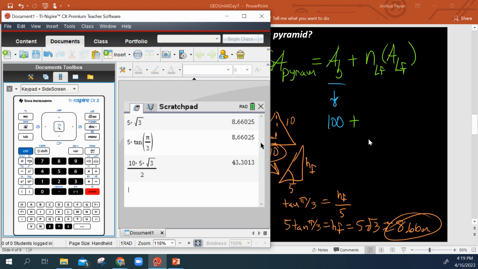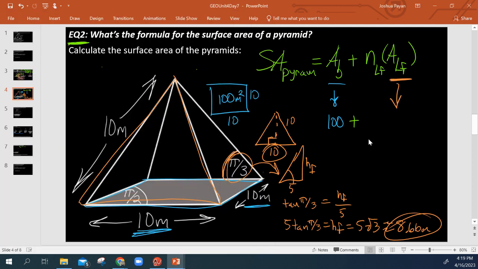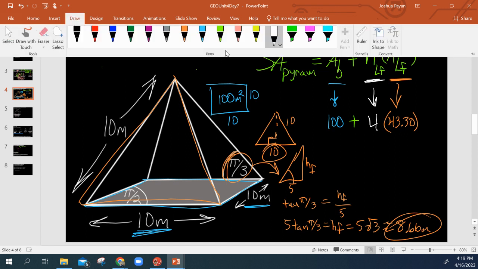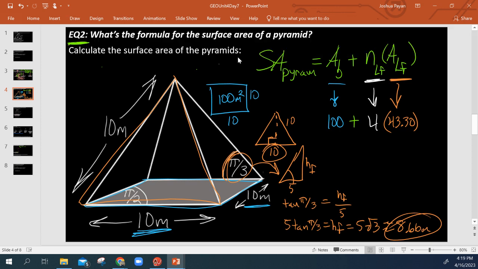So that's the area of each face, about 43.30. And then the number of lateral faces, well, if it's a square pyramid, we know that there's 4 faces. So all we need to do is add this all up, and we will no doubt get our answer.